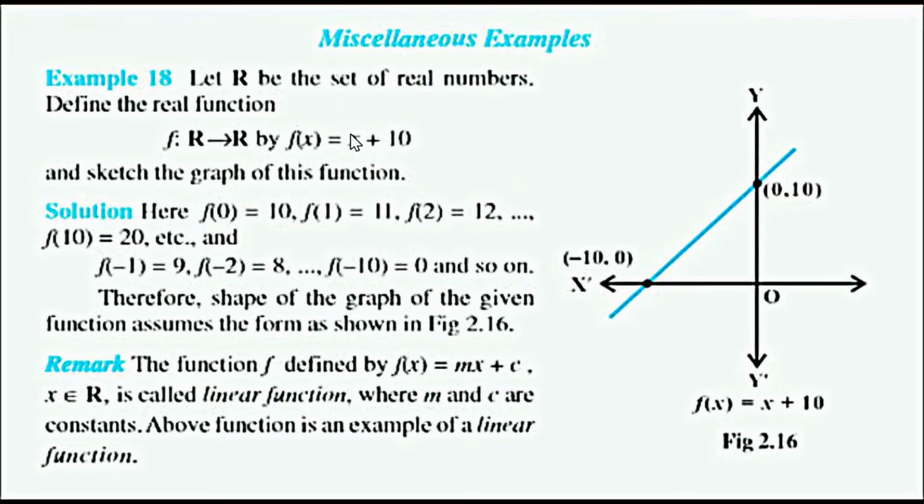So this is the miscellaneous exercise. Let us take this, R, and f is R to R. So this is the y = mx + c form. This is a straight line. So you just have to place these values. f(0) is -10, f(1) is -9. Take the negative values also. And if you see, this is a straight line.